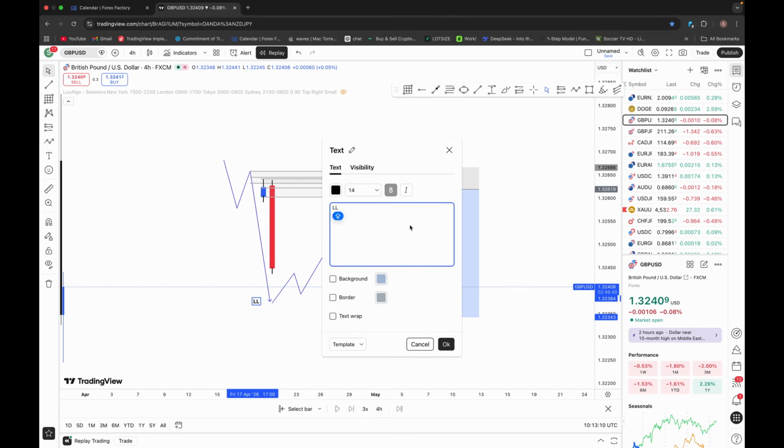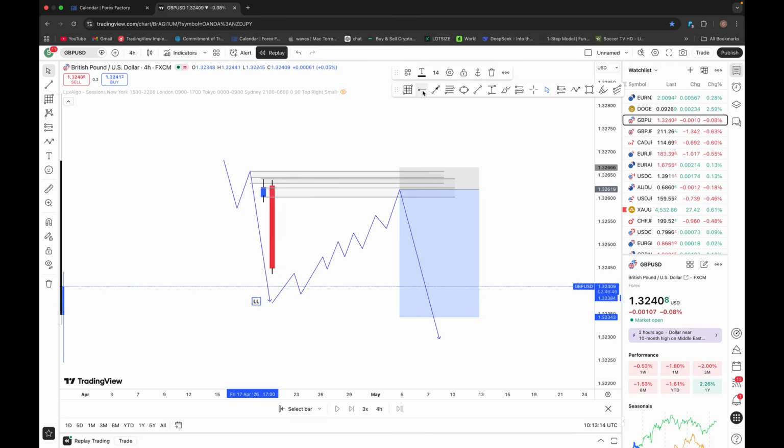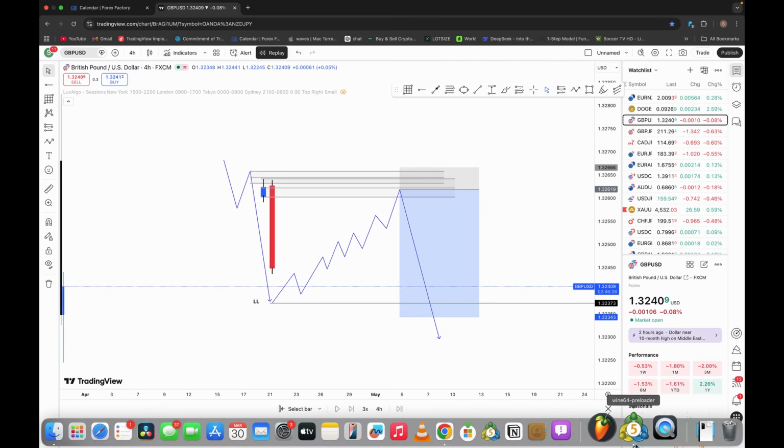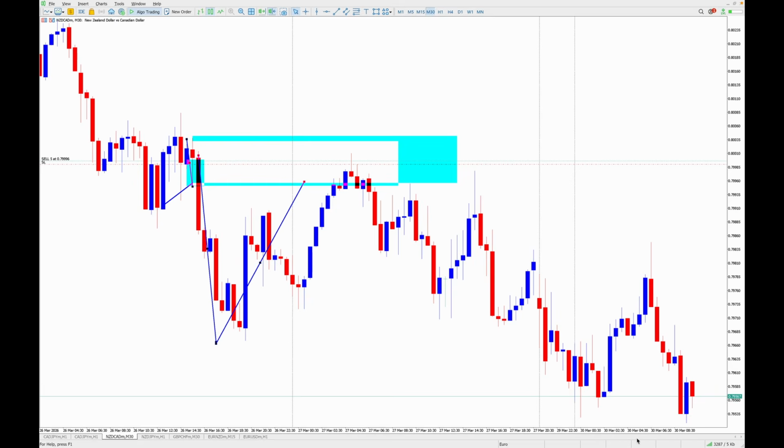That area can be your target. We can use such structures as targets. But remember, the keyword here is being selective, only choosing strong supply areas.